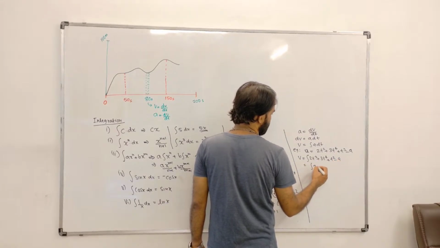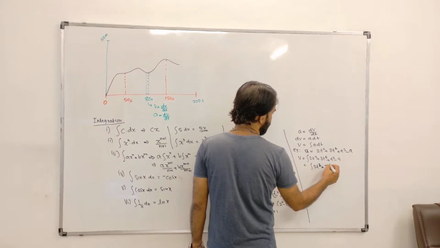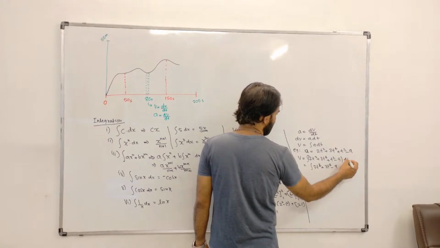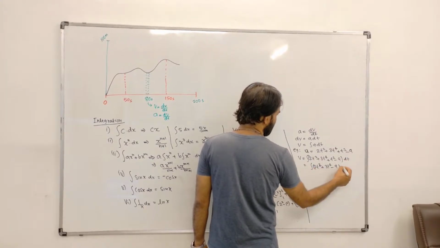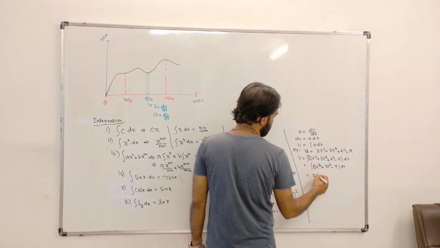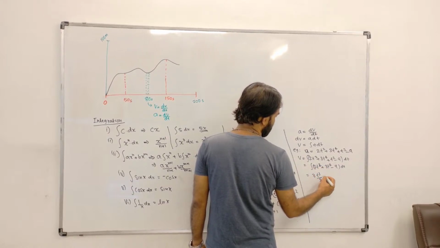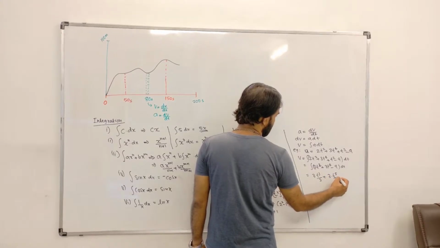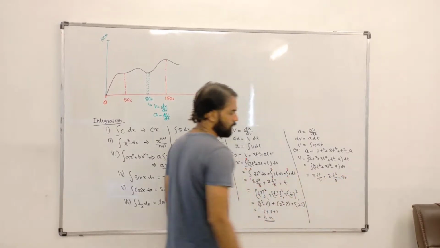So it will be 3t square plus 3t raised to 4 minus 9, that dt. Now integrate it. I won't take every step. So there 3 into t raised to 2 integrates to t cube by 3, plus 3 into t raised to 4 gives t raised to 5 by 5, minus 9t.